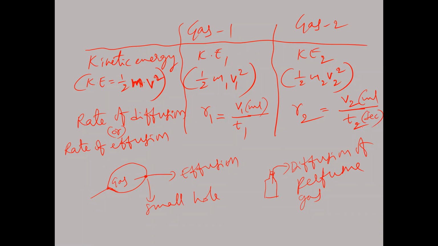The volume of gas diffused in milliliters divided by the time taken in seconds will give R1. R1 is for the first gas and R2 is for the second gas.